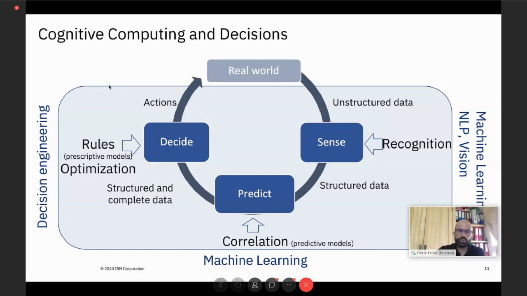So we continue with machine learning in this cycle. And then after, we can decide and use the risk assessments and the opportunity assessments as scores or in other forms in the decision logic. For the decision, we can use rules, and optimizations can play a part as well.